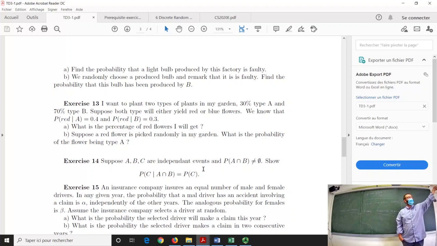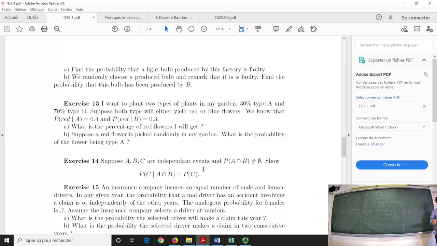Two words, if you have understood this exercise. For the first question, one proposition of the course, which one? When you see this, you have, not sum of probability, because we work with conditional probability. We won't have disjoint sets here.